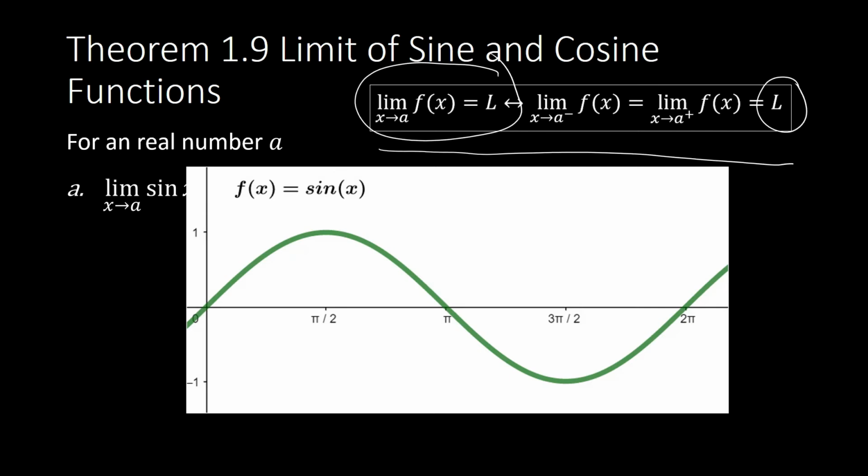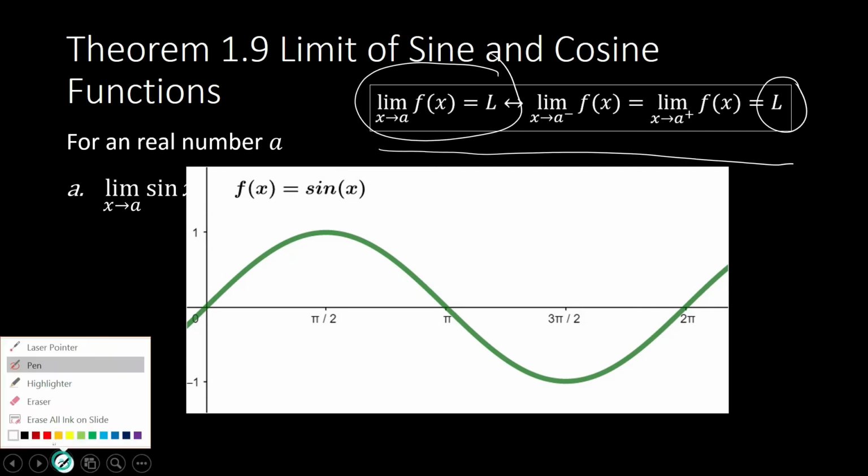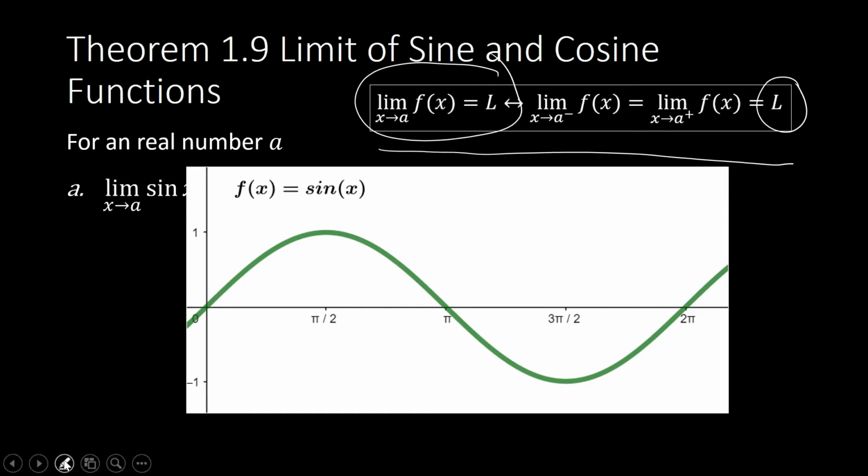Let's say, for example, this one. This is the graph of your f of x is equal to sine of x. When x approaches any real number a, let's say, for example, pi. Look at this. When x approaches pi from the left, the value of your function approaches sine of pi, which is 0.